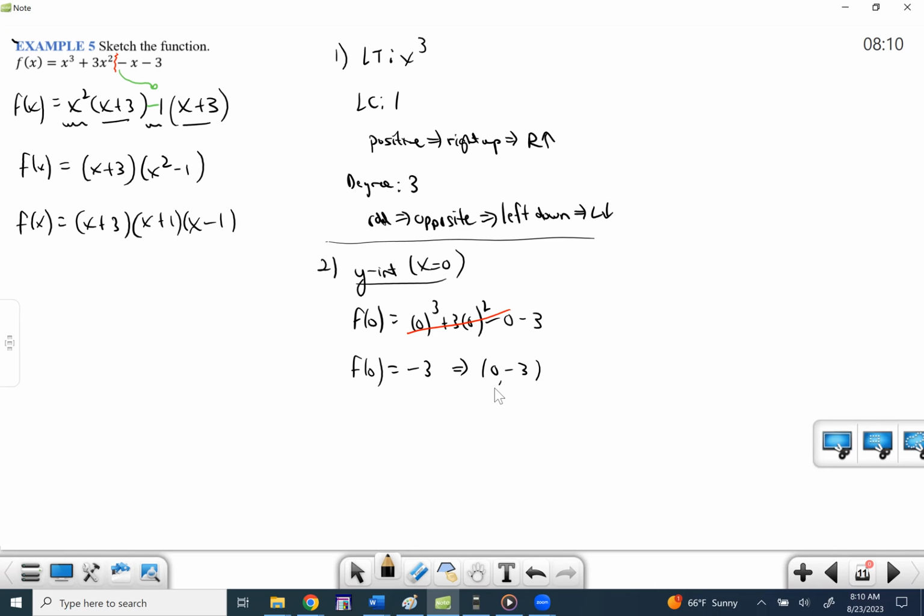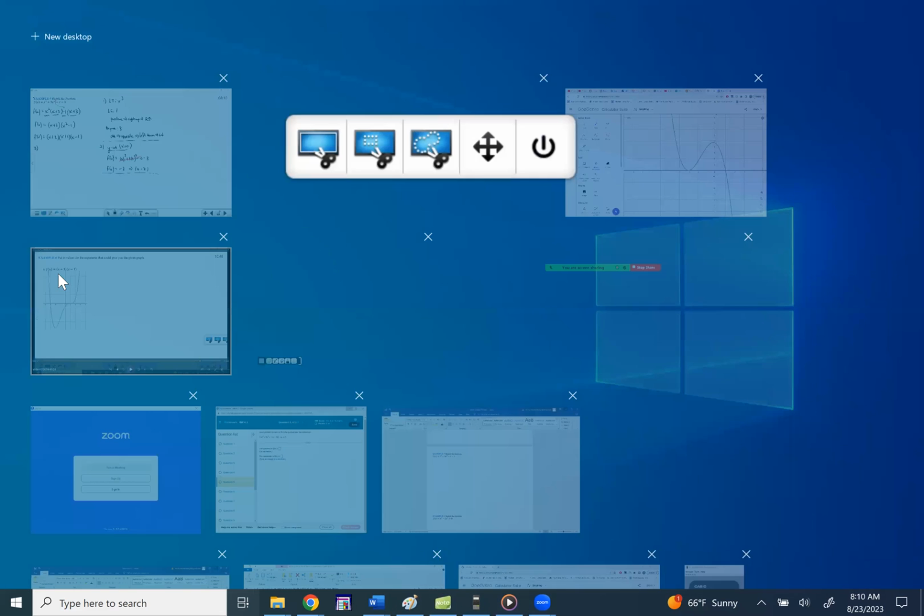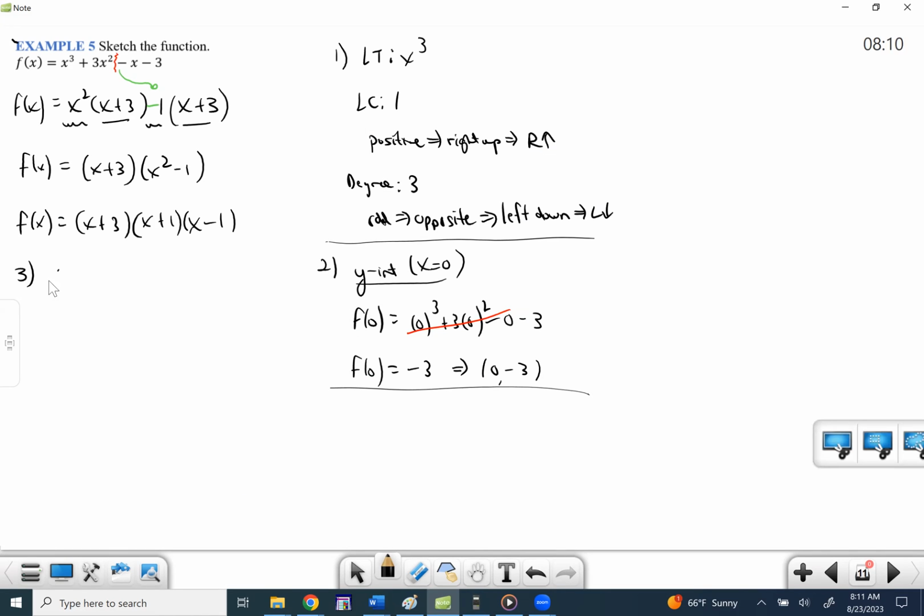Okay, so now I'm actually going to go ahead and just do part 3 over here, you guys. Because part 3 is you finding your x-intercepts, right? So in other words, letting y be 0. So I'm going to let this y value be 0. So we're going to set each piece equal to 0.